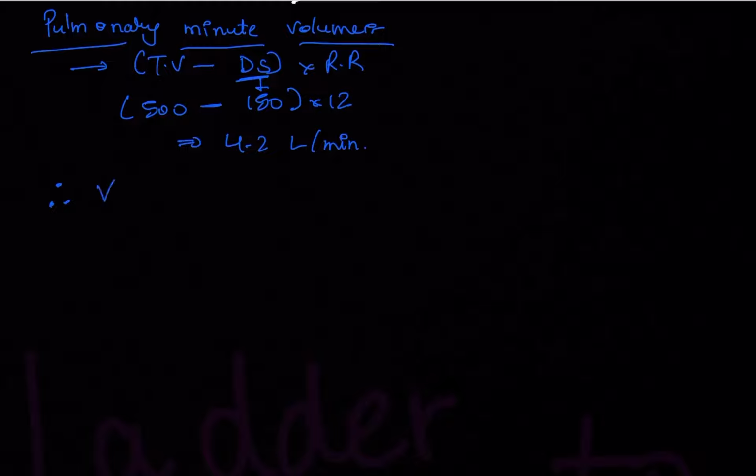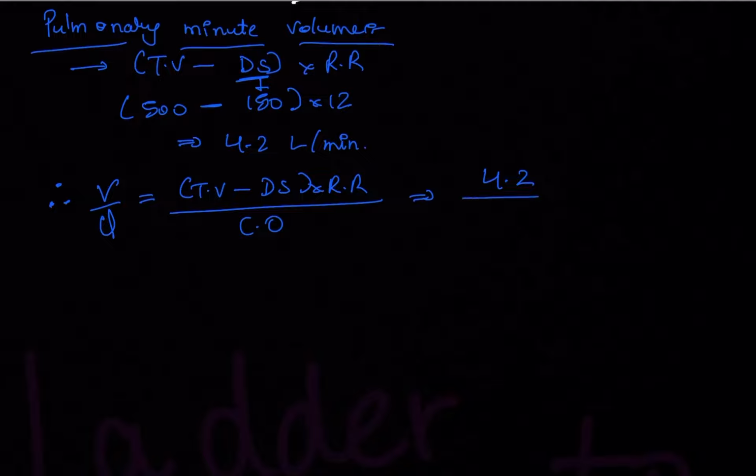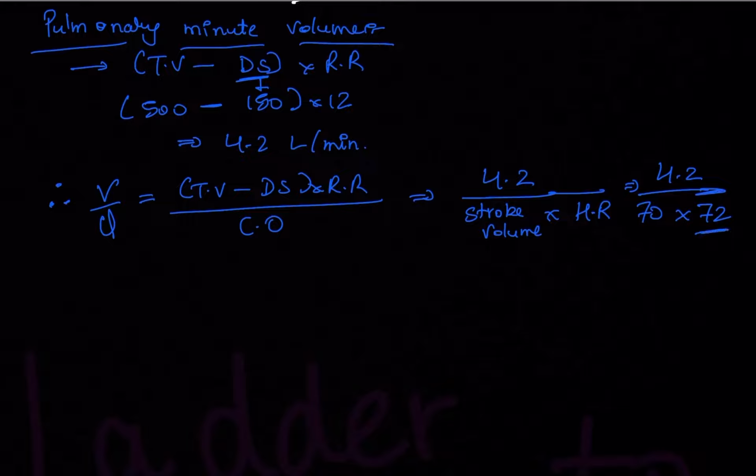So how can we calculate ventilation by perfusion? It is basically tidal volume minus dead space, multiplied by respiratory rate, divided by cardiac output. We already calculated 4.2. How do we find cardiac output? This is a very simple formula: stroke volume, the volume ejected by the heart in one stroke, multiplied by heart rate. The normal stroke volume is approximately 70, and on average we take the heart rate as 72.